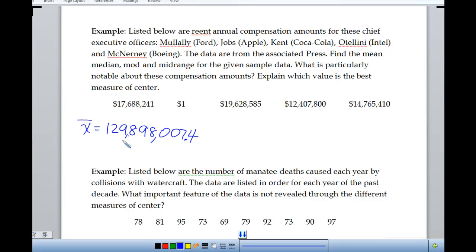I must have an extra digit or something. 898. Okay, got it. Because the mean is going to be between these numbers. It can't be greater than all of them. Okay, very good. All right. And what about the median?